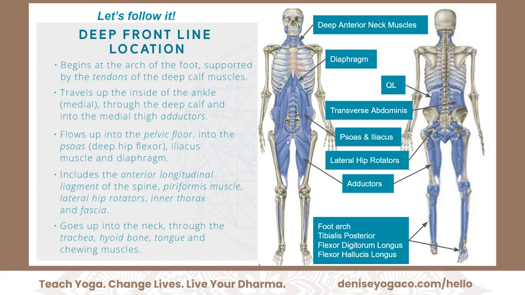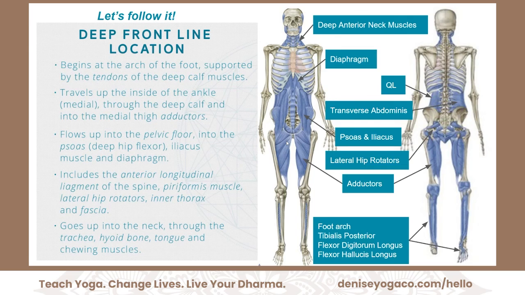Okay, and then it gets a little bit crazy with the deep front line, because we start spreading out more on the horizontal plane instead of going straight up. We start spreading out, and there's going to be a layer that's toward the front of the body and a layer that's toward the back of the body. Interestingly, I sort of forgot to mention that I know we call it the deep front line, there's no shallow front line or no superficial front line, right?